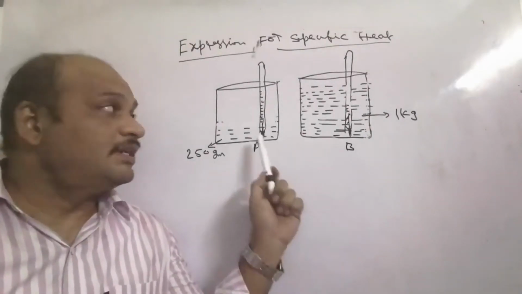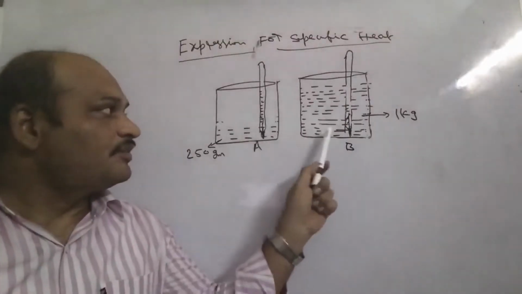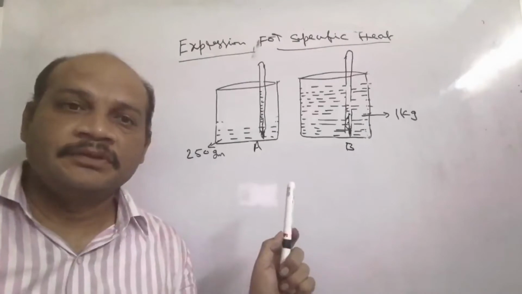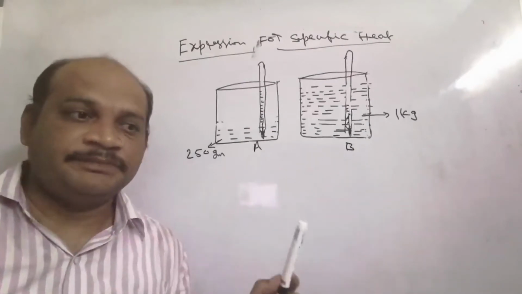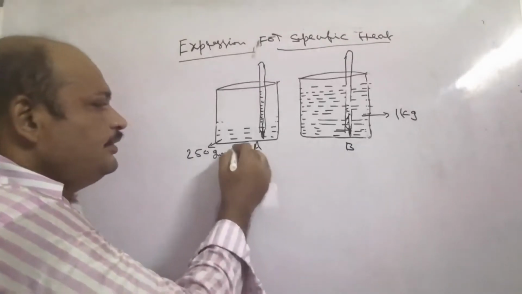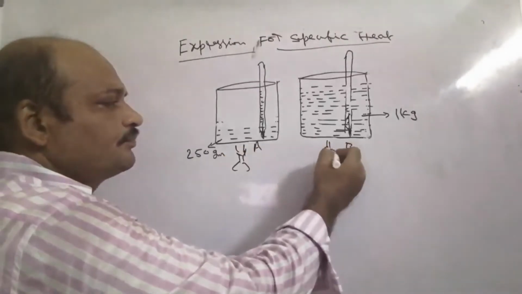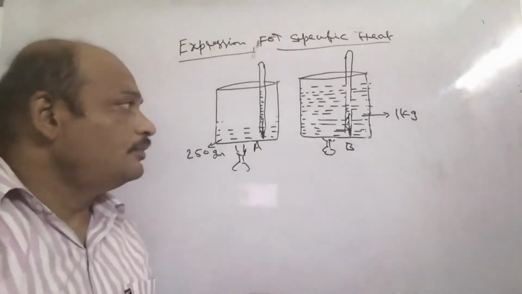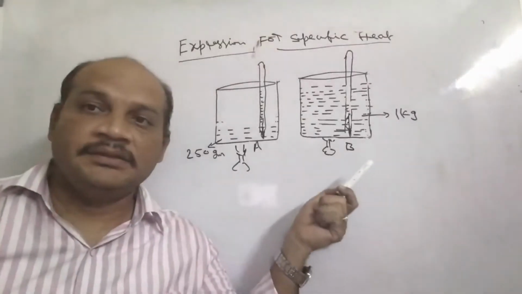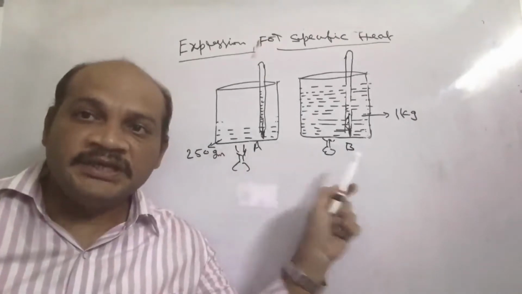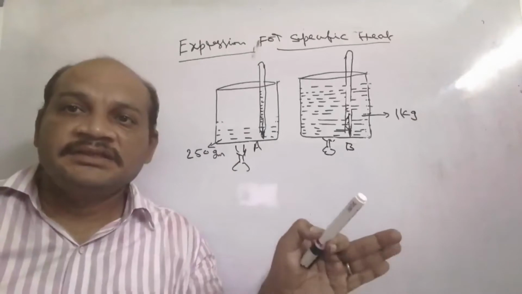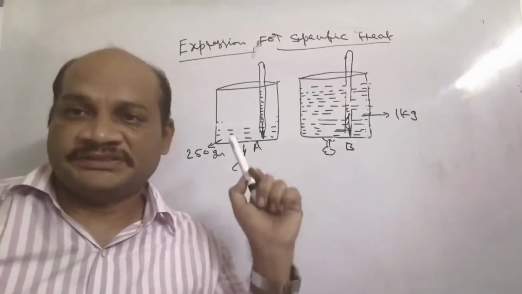And we measure the initial temperature of the water in both beakers. Now, using a Bunsen burner, we give heat to these two beakers till they rise by the same temperature difference.